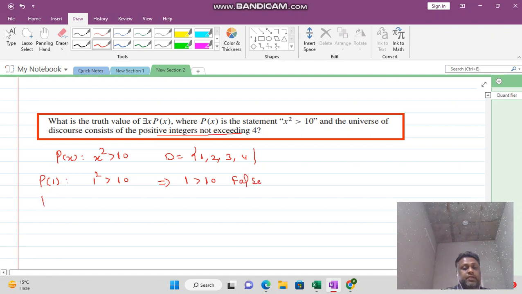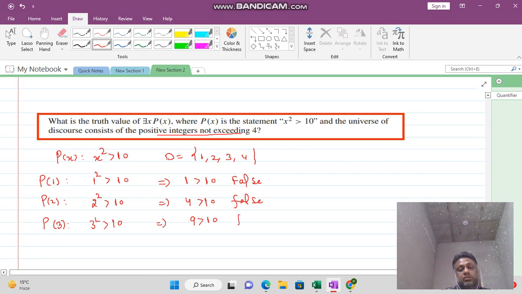Now P(2): 2 square is greater than 10 means that 4 is greater than 10. This is also false. Then P(3): 3 square is greater than 10 means 9 is greater than 10, so this is also false. Then P(4): 4 square greater than 10 means that 16 is greater than 10, so this is true.